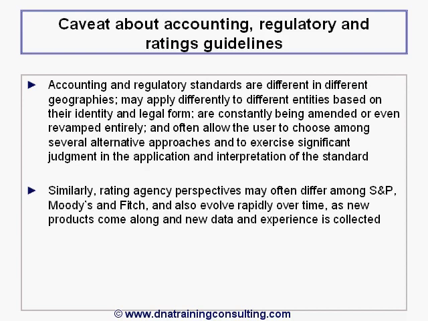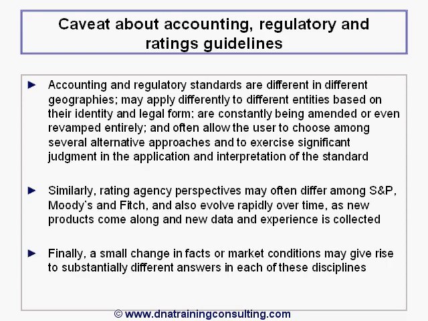Similarly, rating agency perspectives may often differ among S&P, Moody's, and Fitch, and also evolve rapidly over time as new products come along and new data and experience is collected. Finally, a small change in facts or market conditions may give rise to substantially different answers in each of these disciplines.